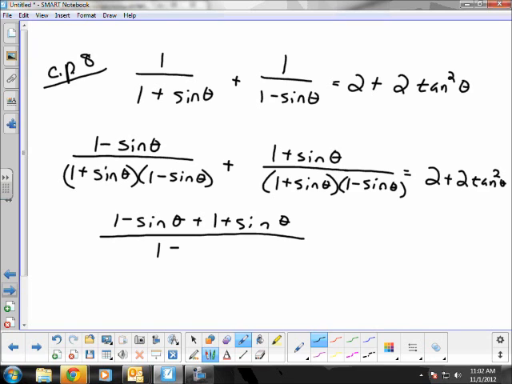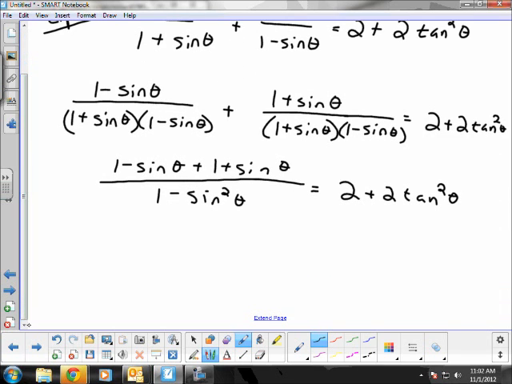So that's over 1 minus the sine squared of theta. So the sine of theta in the top, those are 0 pairs, so they add out, right? So we've got 2 over 1 minus the sine squared of theta.